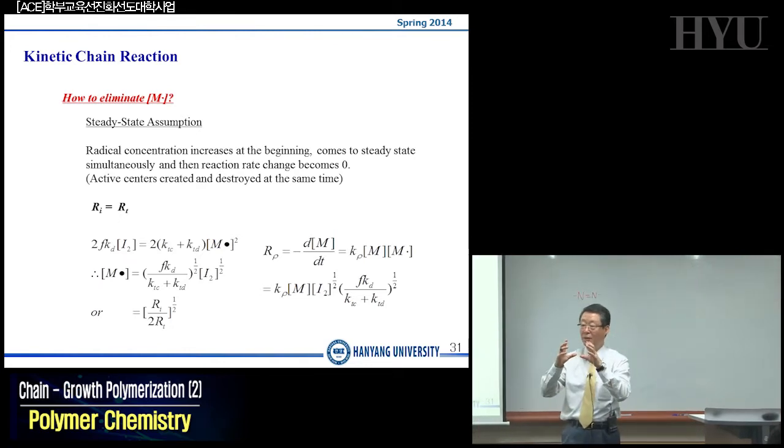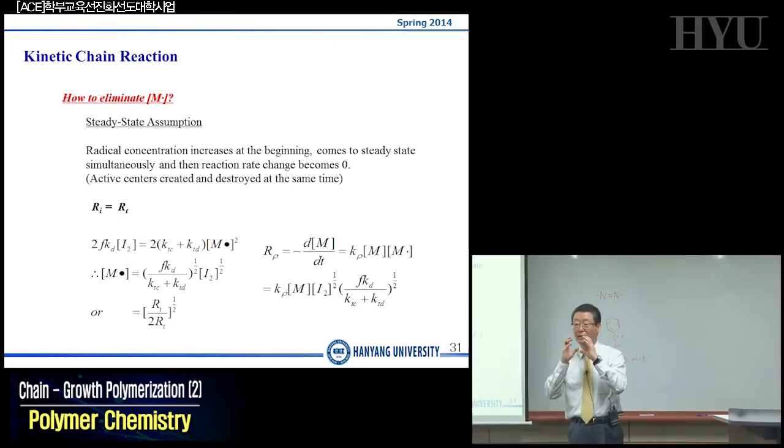Okay, and Rp is very important, and Rp is very simple because M dot attacking the M will become M dot, or becomes Mn dot, right? So the rate of polymerization Rp is equal to Kp times the monomer concentration M with a bracket times the radical concentration, M dot.